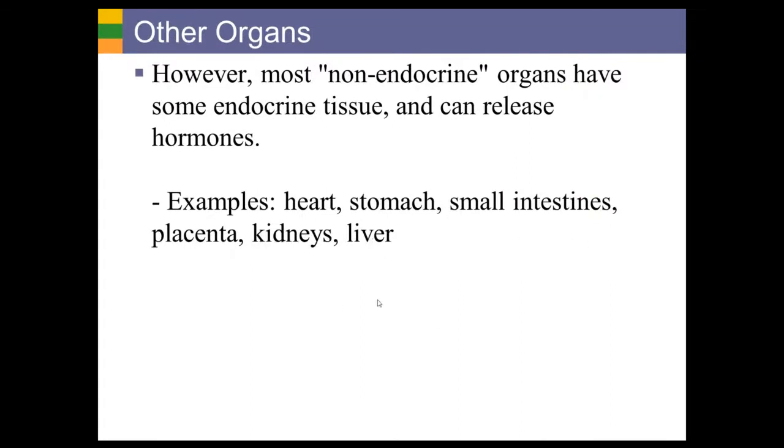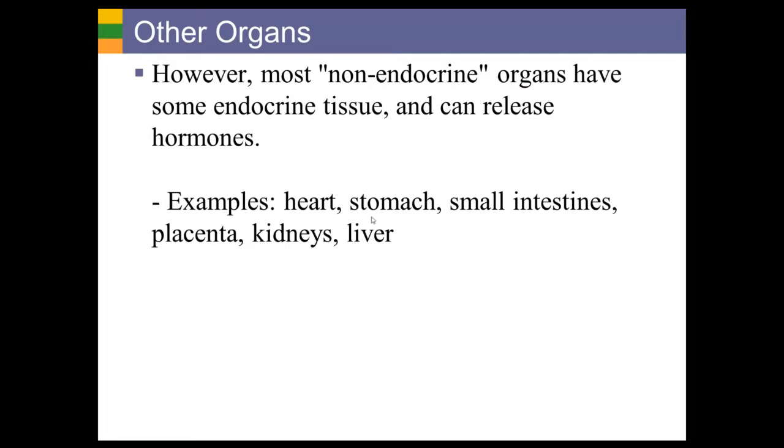I also want to mention that most cells of the body produce hormones or substances that act very similarly to hormones. In this chapter, we're going to talk about the more important hormones and the glands that produce them, but do understand that what you're going to learn by no means is an exclusive list.